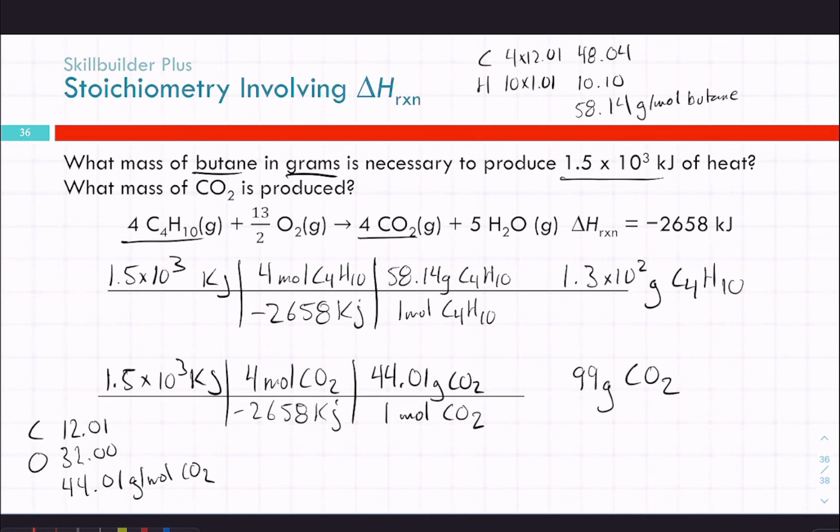So even though the answer is negative, you just change it to positive? Yeah, I was trying to think of the logic for how you would justify that other than knowing that grams can't be negative in this case. Just know, if you're going from energy to a quantity of moles or grams, it has to be positive.